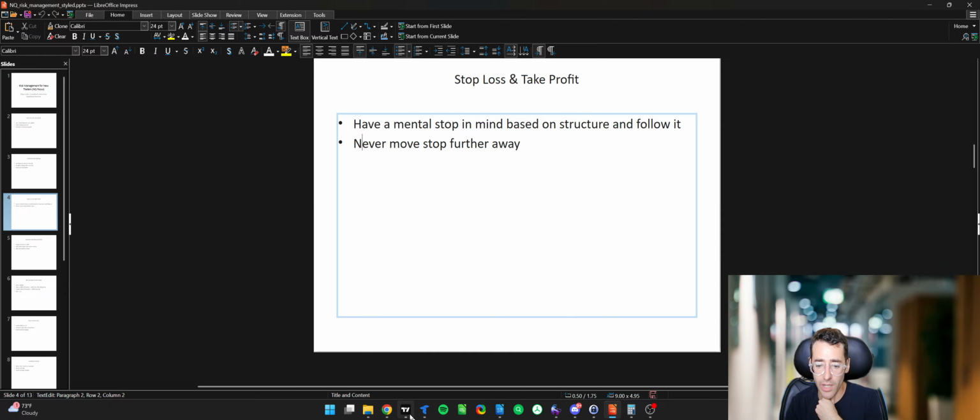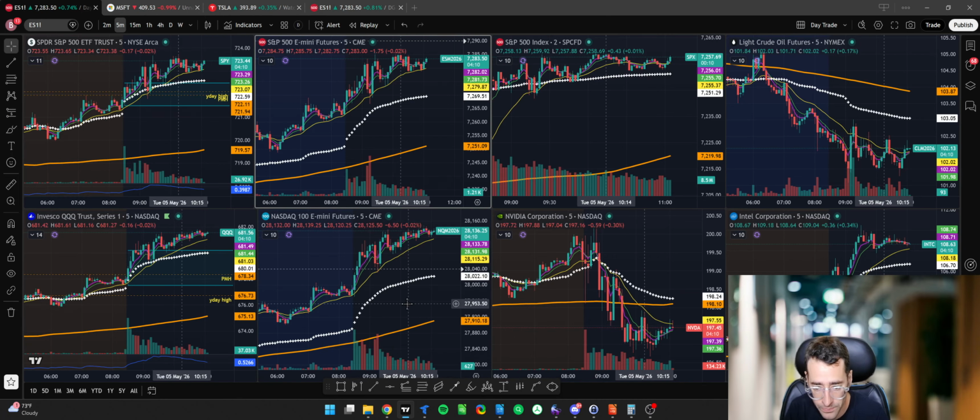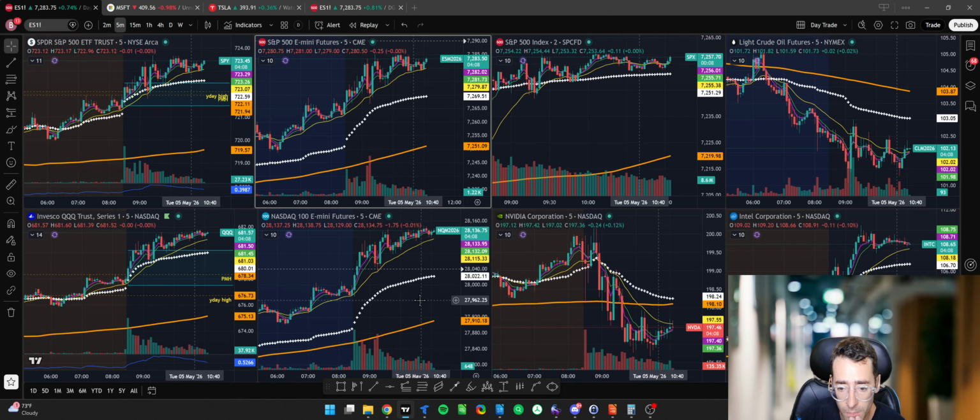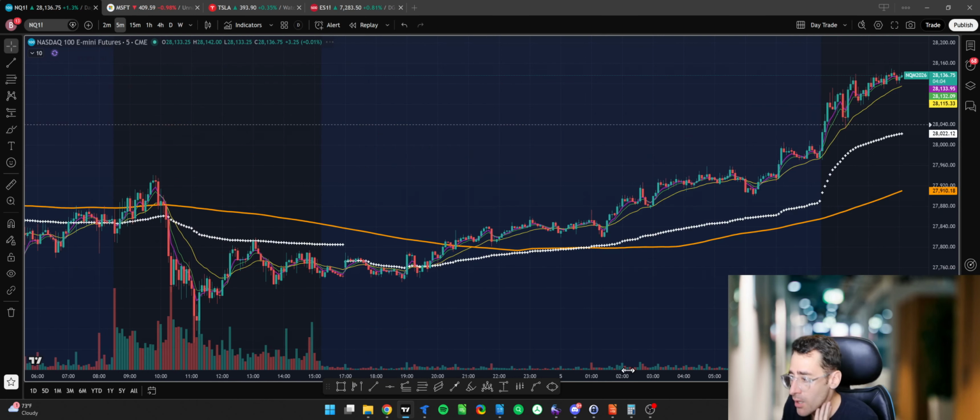So, for example, let's look at an example here on NQ. If I want to long, I'm looking to long 28,000. That's a psychological number, and I want to long at that level. You can see here I set an alert at 28,040.